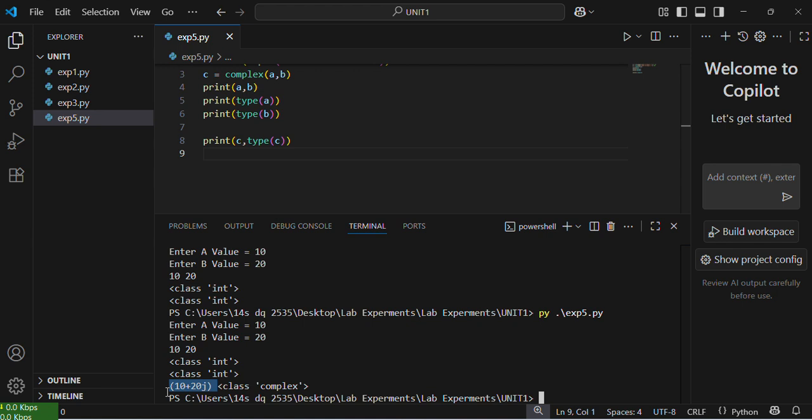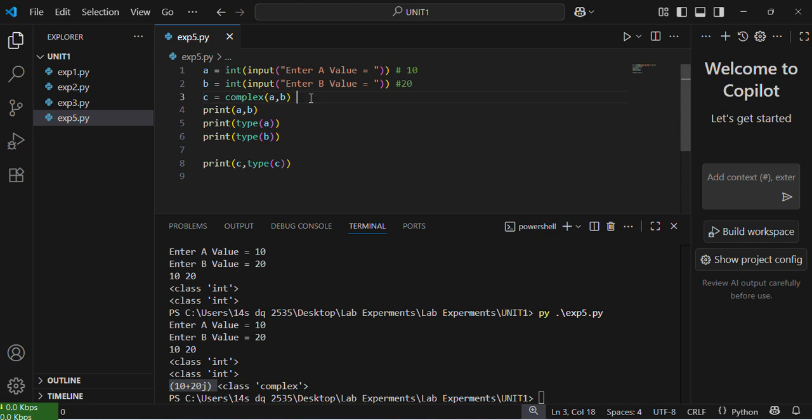I take the inputs from the user as integer values, 10 and 20, and after that I use the typecasting technique.